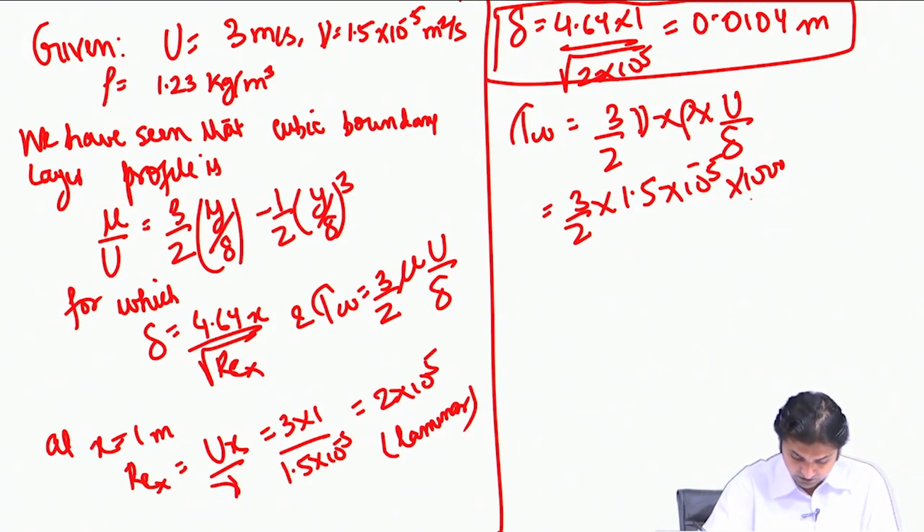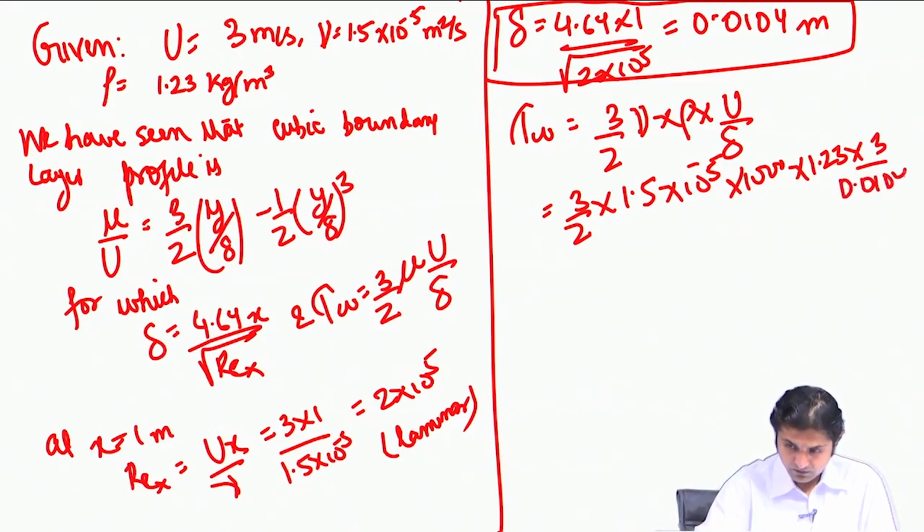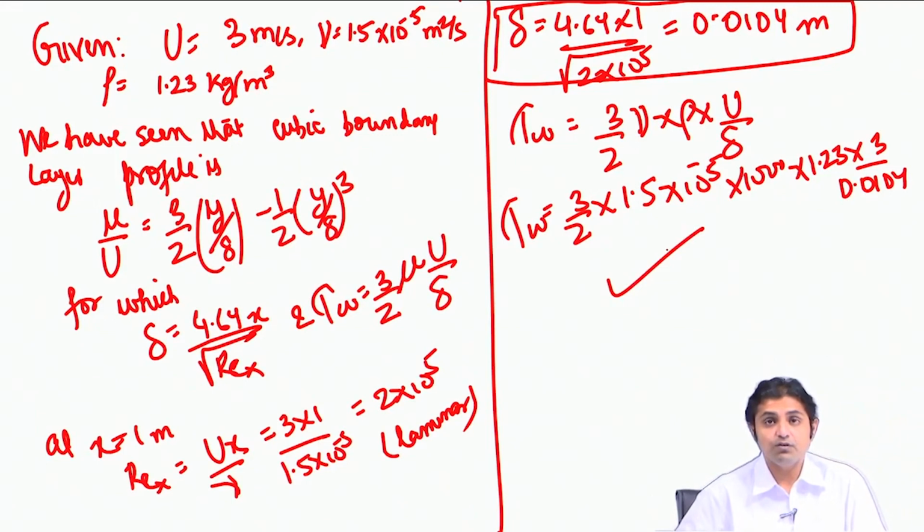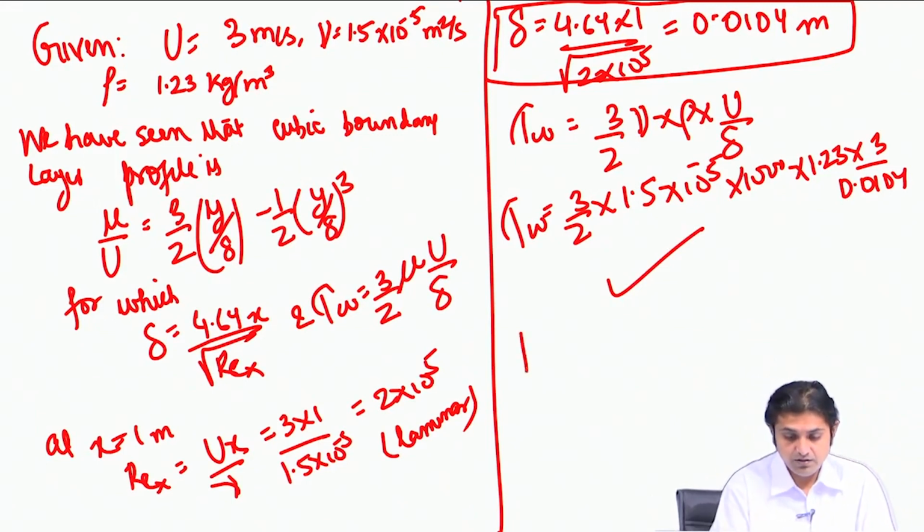Nu is directly given, right? Into 1.23 into 3 divided by 0.0104. So this is the way tau w can be found out. Just do some multiplication.